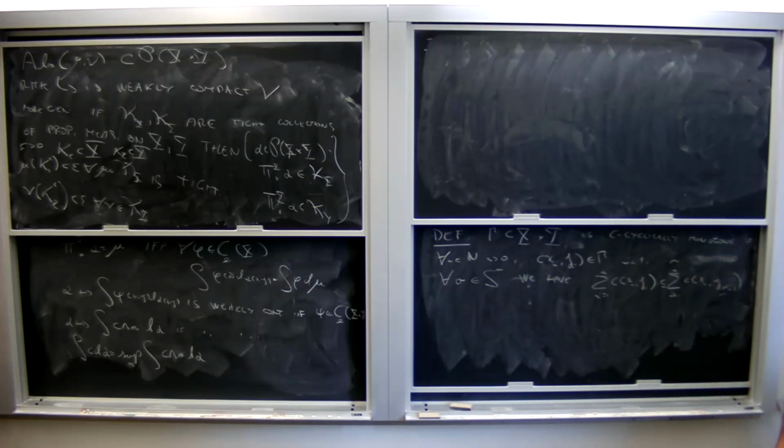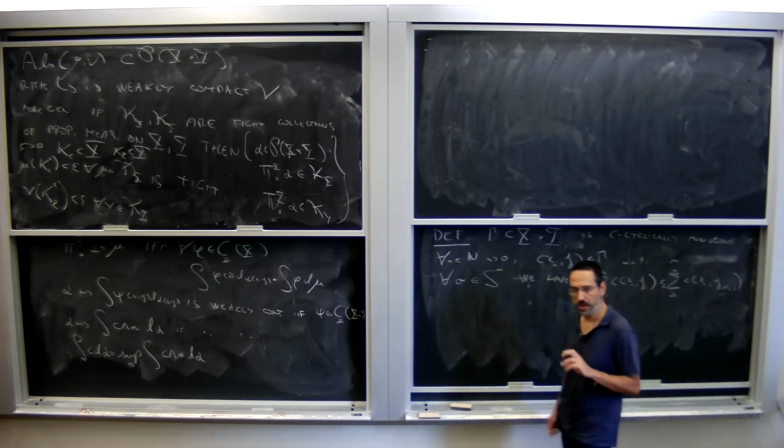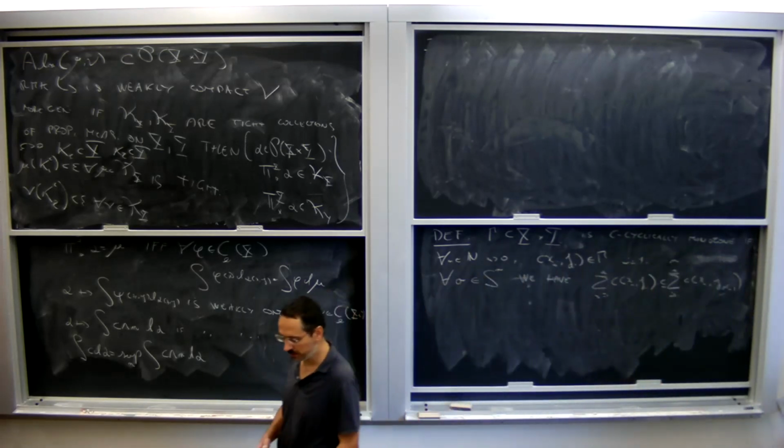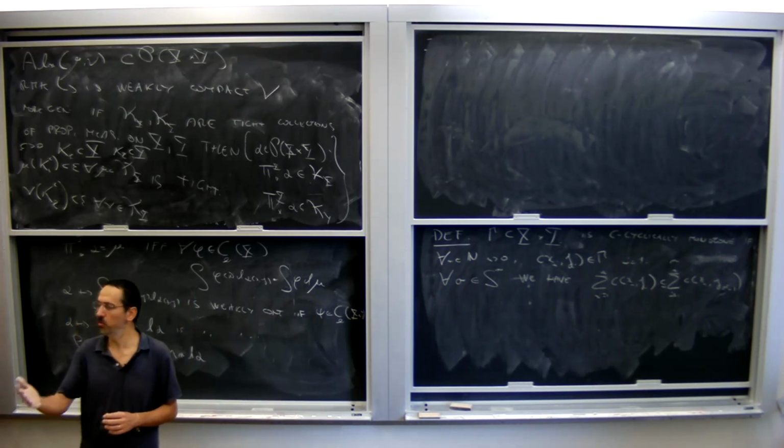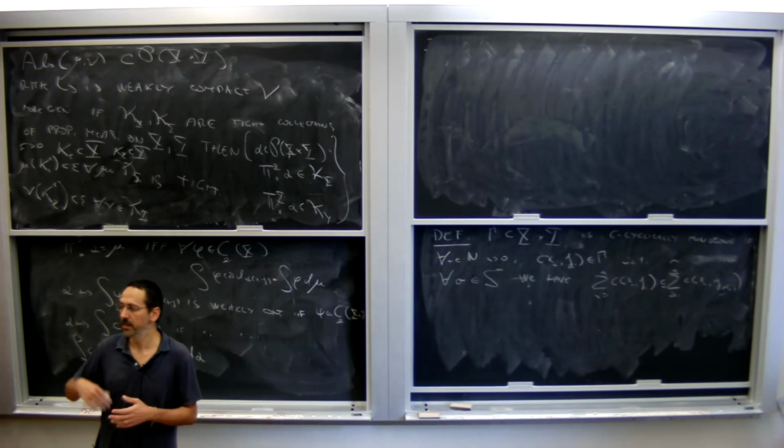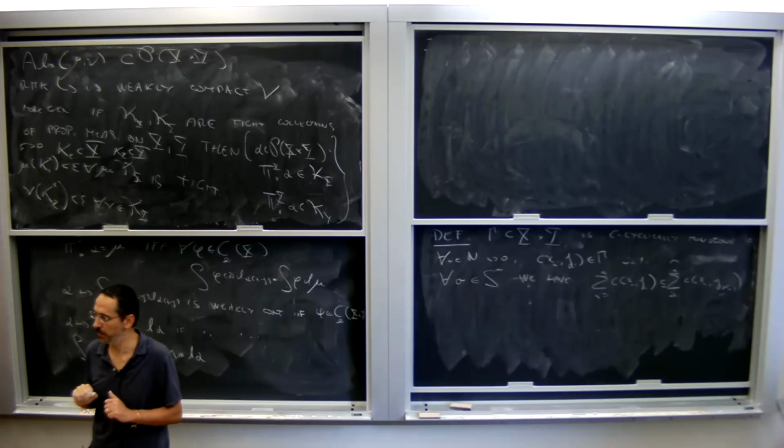Let me comment about this definition. Say that our transport problem is between combinations of Dirac masses. Say that both mu and nu are 1 over n times a sum of Dirac masses, over n points on the source and n points on the target space.